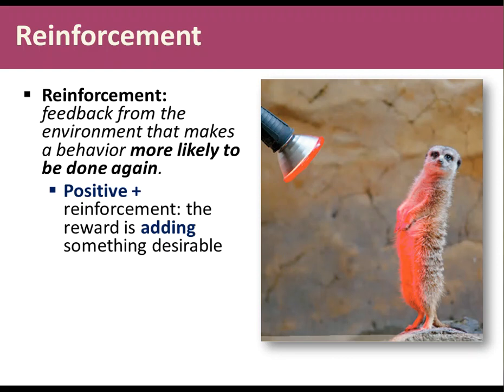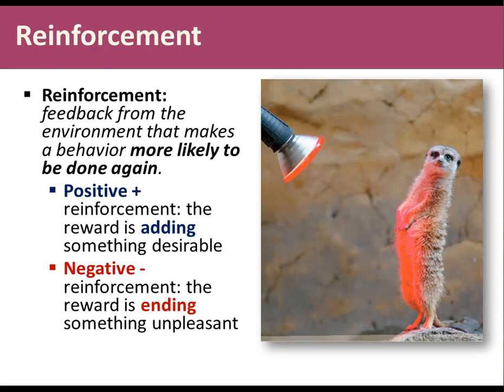Now, we know what positive and negative mean in everyday life, but I want to give you a slightly different definition here as we're talking about operant conditioning. So here, positive means we add something. That's the key thing. We're adding something. But when we talk about negative, we're talking about ending or taking something away. So positive reinforcement, the reward is adding something desirable. And negative reinforcement, the reward is ending something unpleasant.